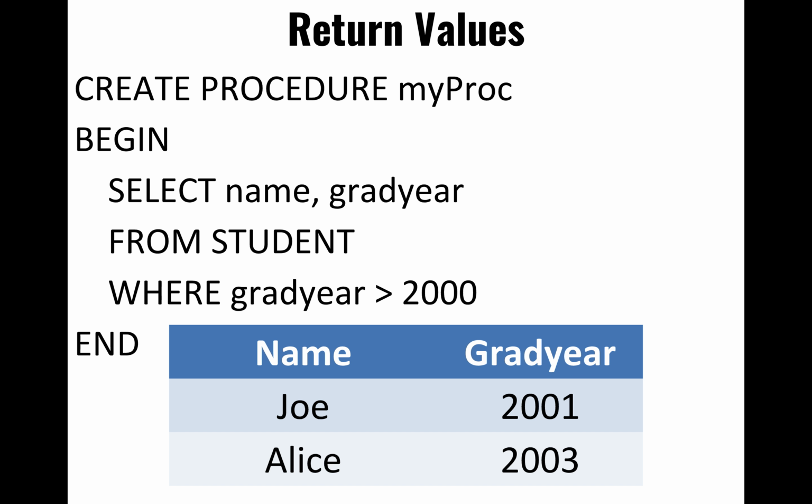Here's just a slightly more interesting select statement that we're calculating here: the students that graduated in the 21st century, and it spits out a table.